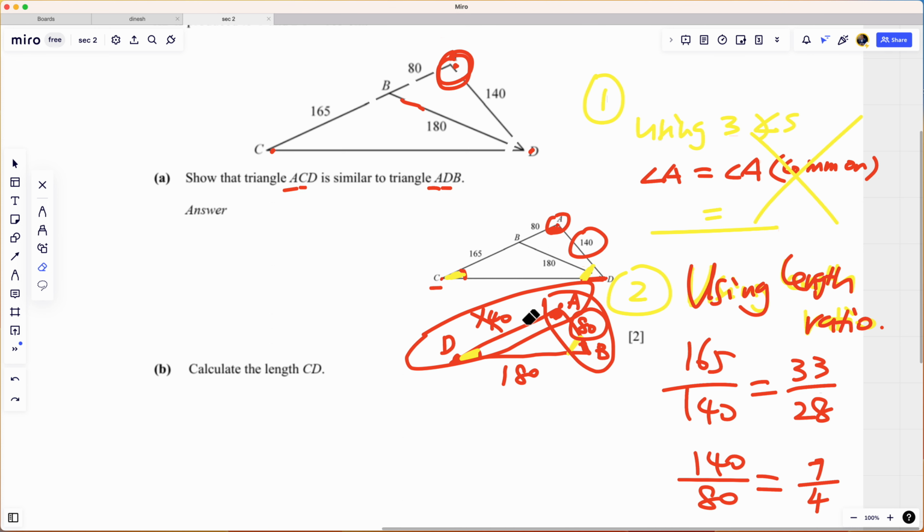So you see, I make a mistake. I need to quickly correct it. I cannot be itchy hand, erasing. So over here should be 165 plus 80. That's the whole length, right? Okay, good. So can you recalculate this?